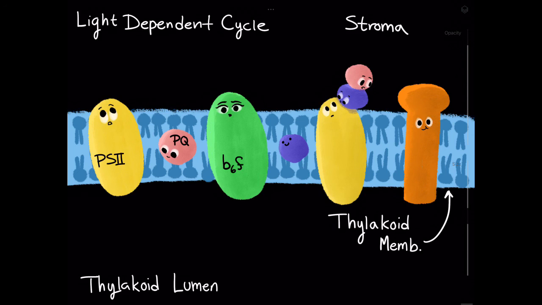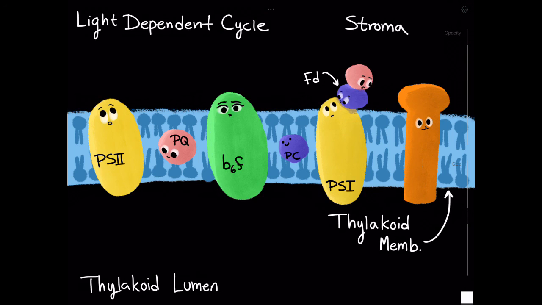plastocyanin. I remember plastoquinone and plastocyanin because they start with plasto and people make plastic plants. Just my tip. And after plastocyanin, we have photosystem 1. So remember, photosystem 1 comes after photosystem 2. And then on top of photosystem 1, sort of working alongside photosystem 1, we have ferredoxin.